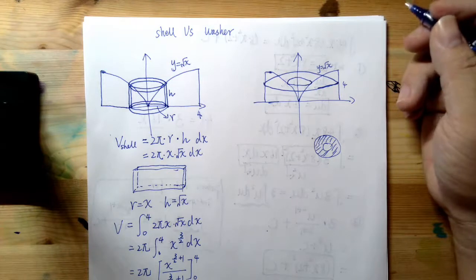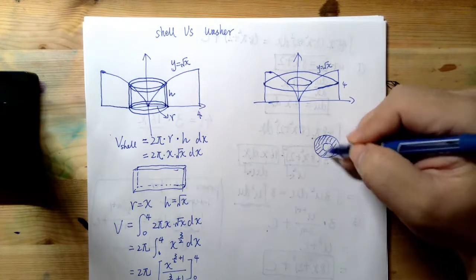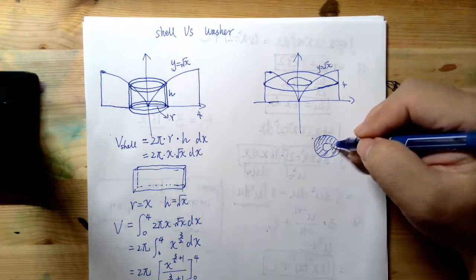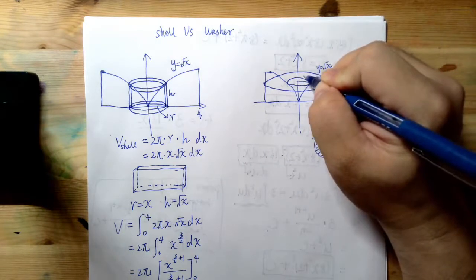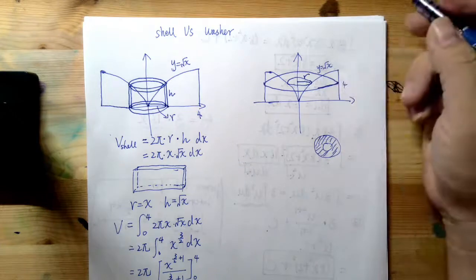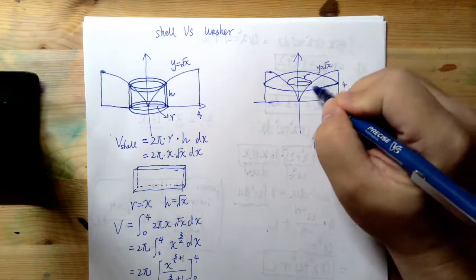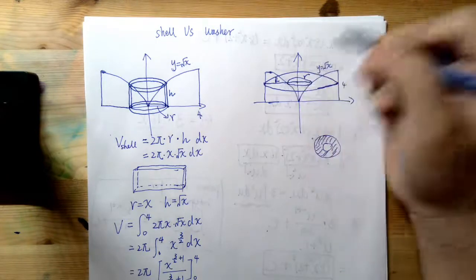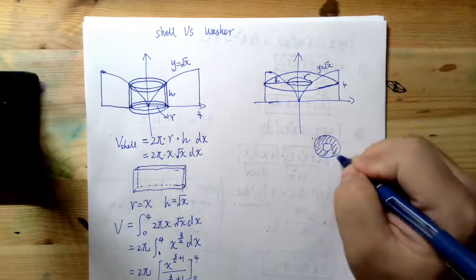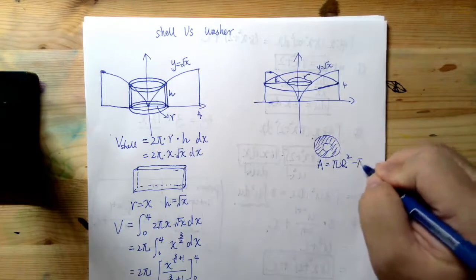Now, how should we do that? Well, this is what we call the washer, and to figure out the area of this washer, we need to figure out the radius of this small circle, and also the radius for the outer circle, capital R. Then the area is pi times capital R squared minus pi times small r squared.